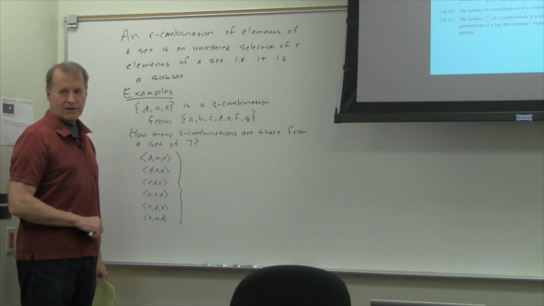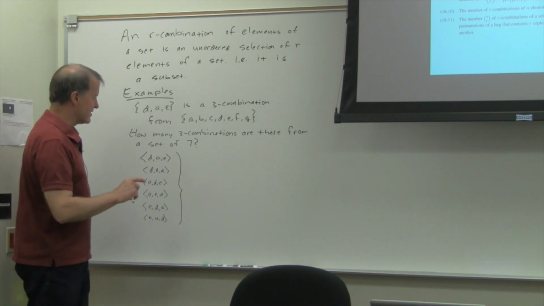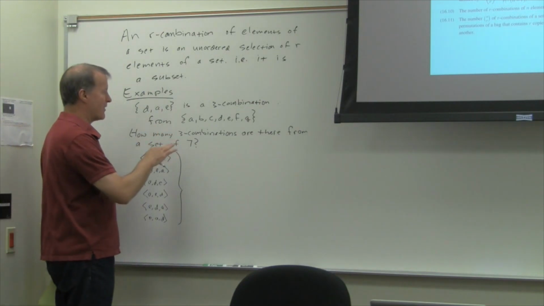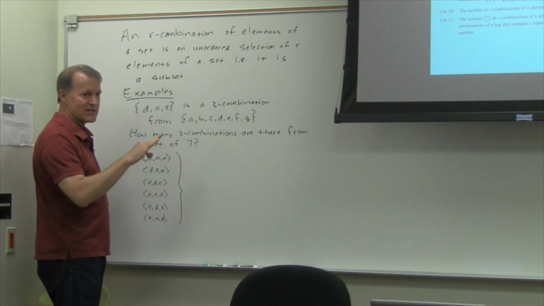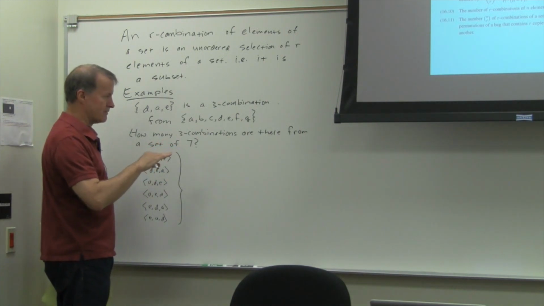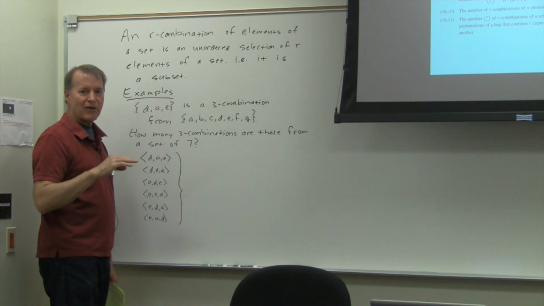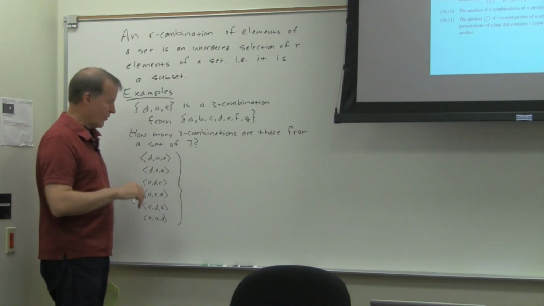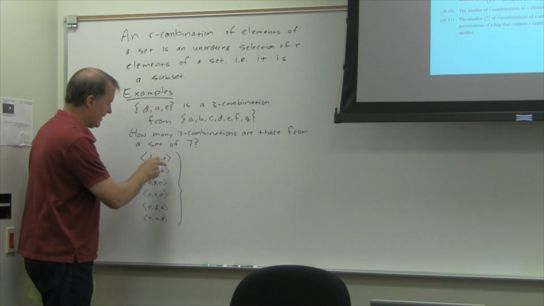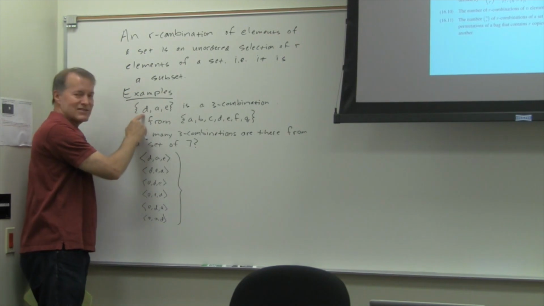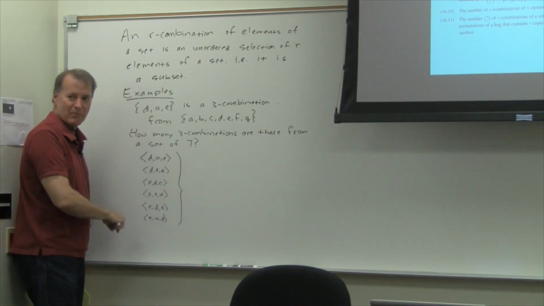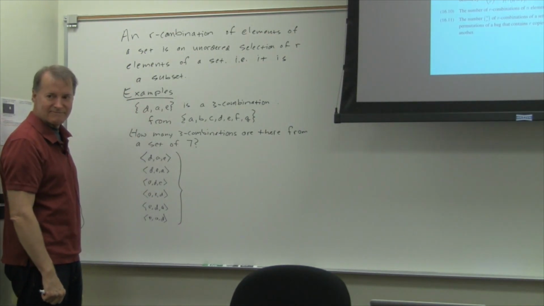My question is, if the order did matter, how many 3 permutations would there be? There'd be 7 factorial divided by 4 factorial. But now that order doesn't matter, all of these really correspond to just the set DAE. So we have overcounted by how much? 6.